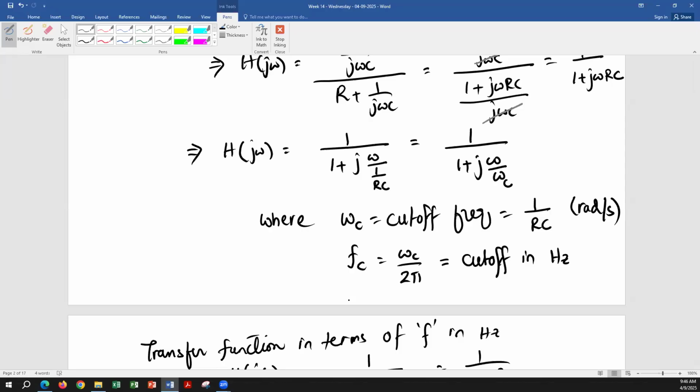Anytime a complex number is given in a fractional form, how do you calculate the magnitude of that complex number if it's given in a fractional form in rectangular coordinates? That's what I told you to review, the complex number, because I discussed that in my complex number lectures as well.